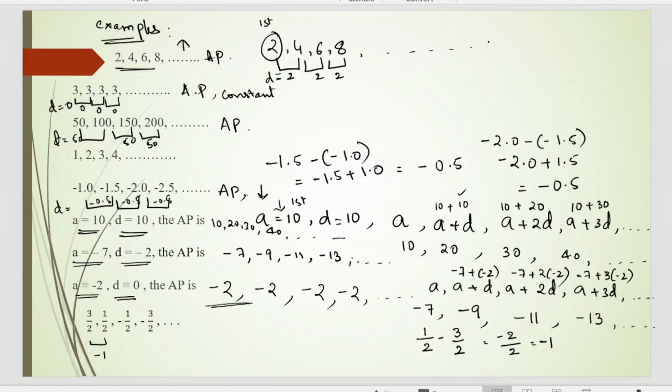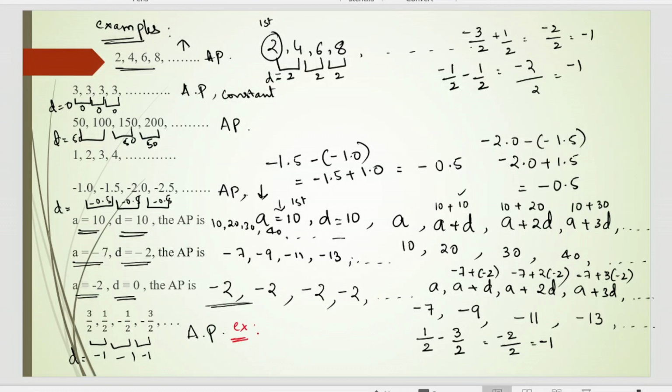Now let us see the next one. Minus 1 by 2 minus 1 by 2, it is minus 2 by 2. It is minus 1. Here also the common difference is minus 1. And for the next one also the common difference is minus 1. So, if the common difference is constant, it is said to be an AP.